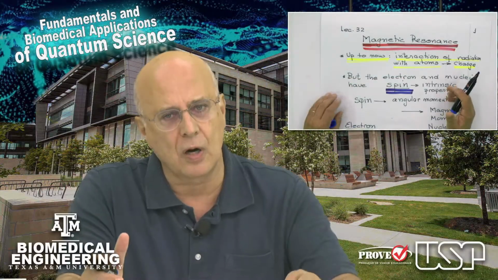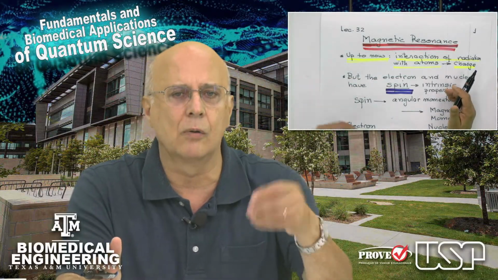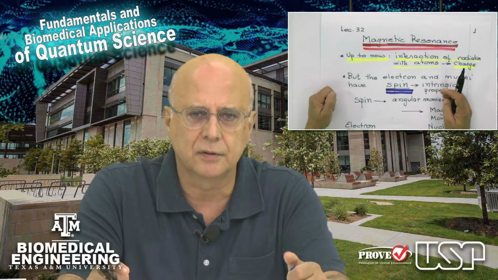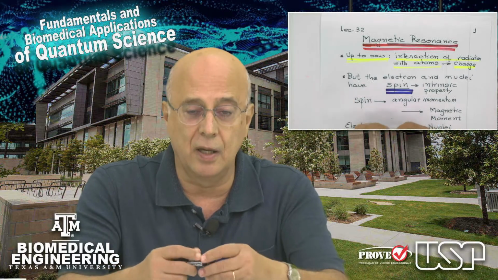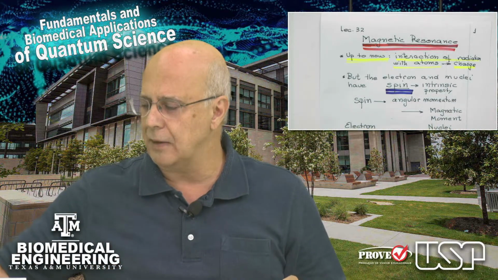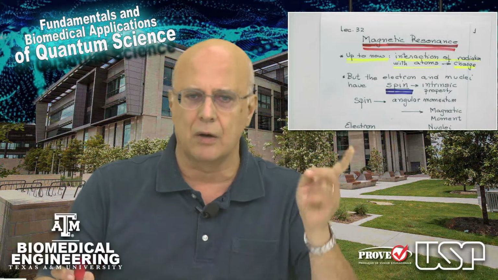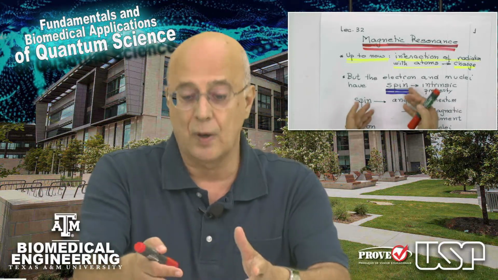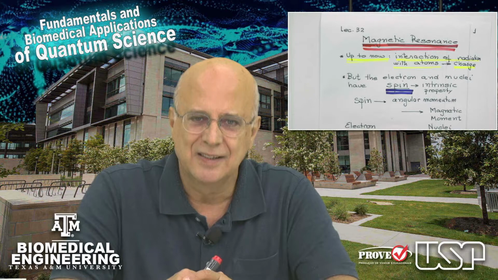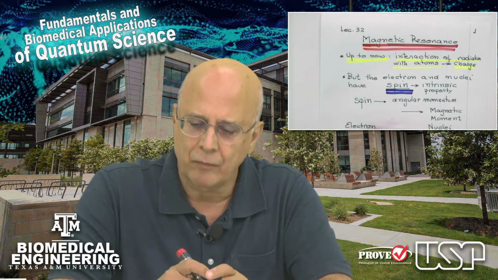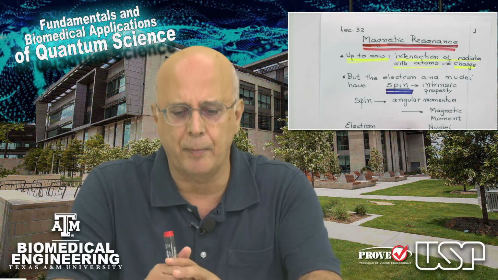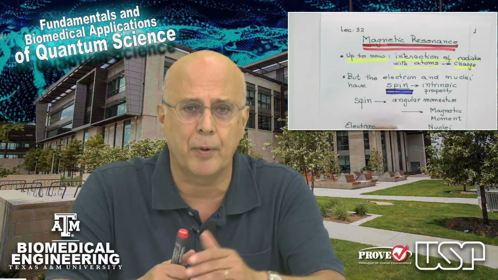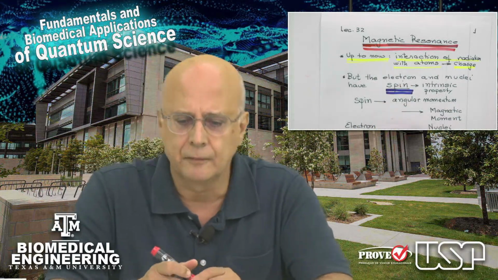Spin, of course, is like the presence of an angular momentum on those particles. Normally we think about angular momentum when the particle is going around somewhere, and that's why it received this name, spin, something that's spinning around. But this is the intrinsic property of the electron, the proton and the neutron.